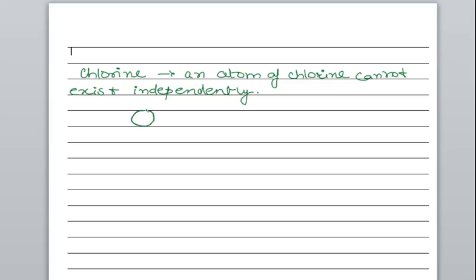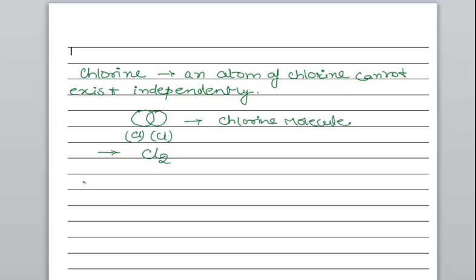Two atoms of chlorine combine and they form a chlorine molecule, and chlorine exists as a chlorine molecule. Now, what is the symbol for chlorine? Cl. How many atoms make one molecule? 2. So, we will write 2 as a subscript. Isn't it simple, students?